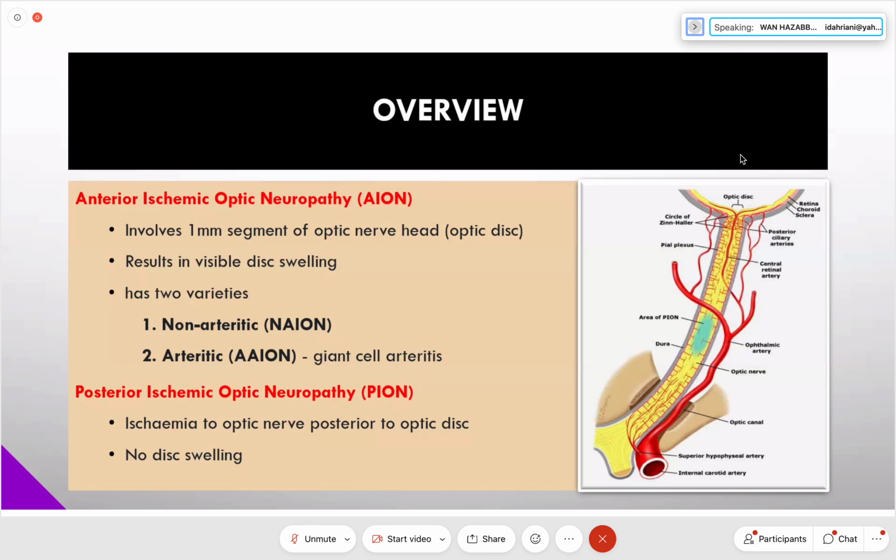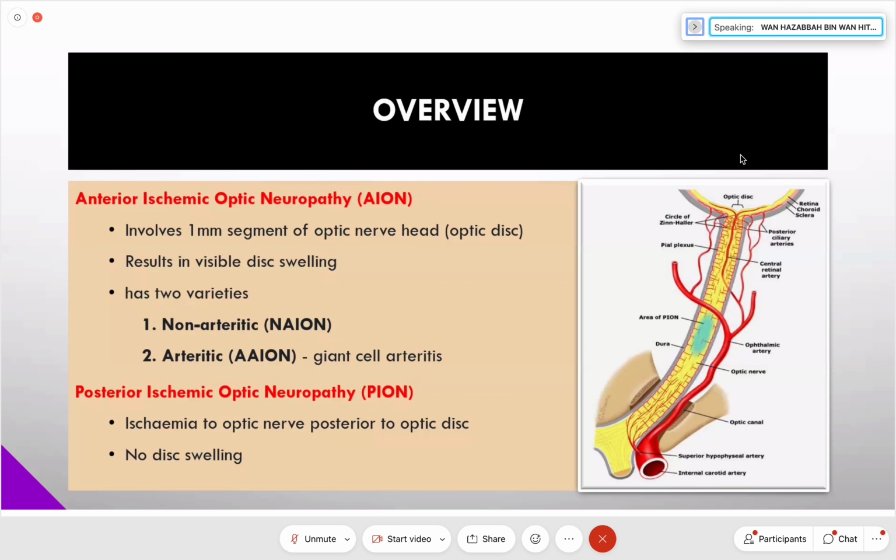In terms of ischemic optic neuropathy, it can be divided into two forms. Anterior ischemic optic neuropathy, which involves the 1 millimeter segment of the optic nerve head, mainly the optic disc, and the result is that we can see swelling of the optic disc.